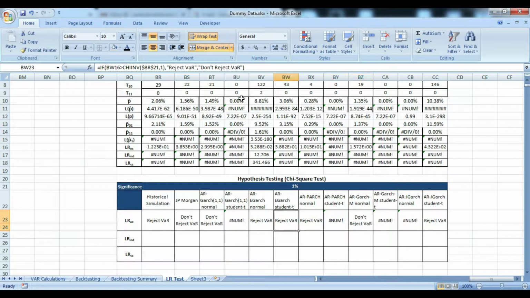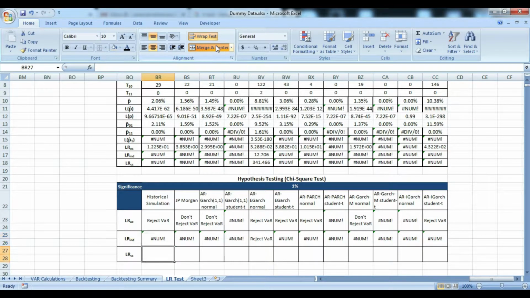Okay, now let's move on to LRIND. Probably you could copy this and move this to LRIND in this way, and roll it. So this is also saying reject VaR in each of the categories.